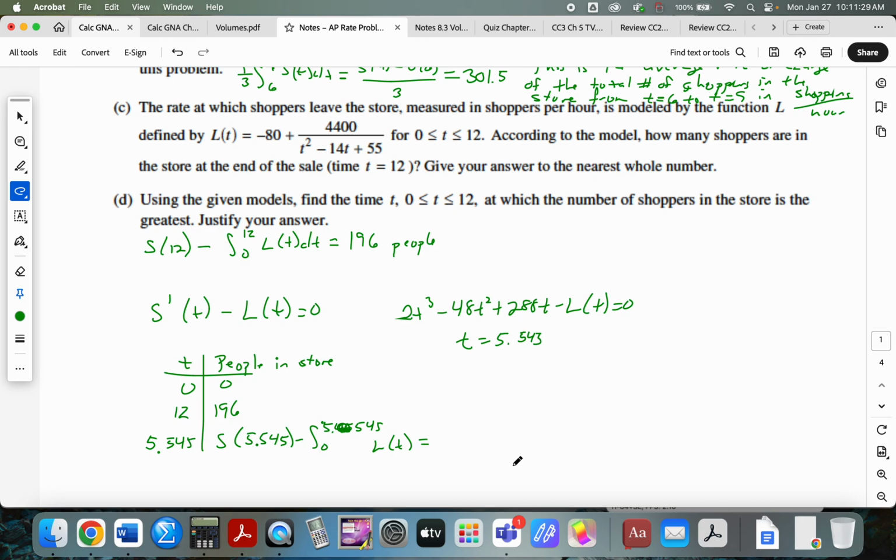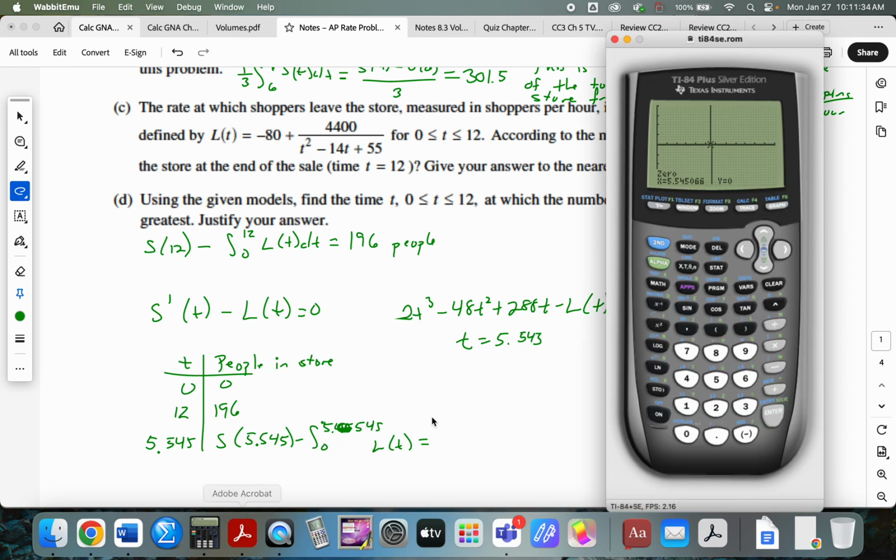I just need to change the 12 to 5.545. So I'm going to go up and get that. Change the 12 to 5.545. Bada boom, bada bing.